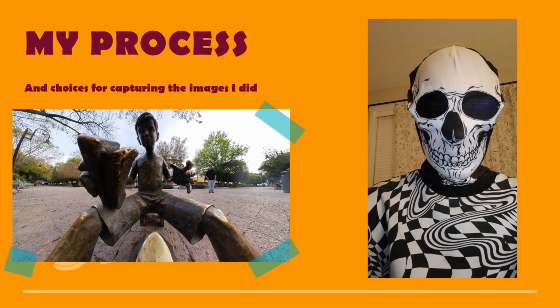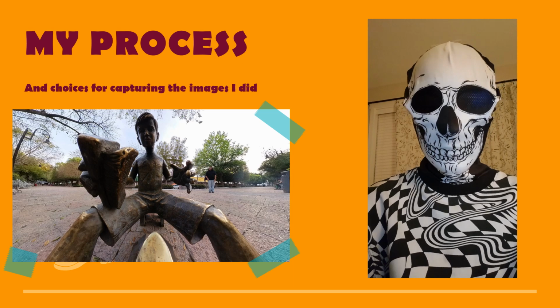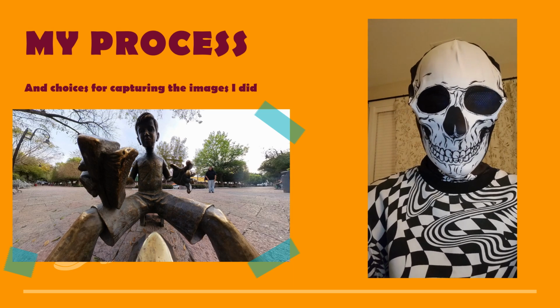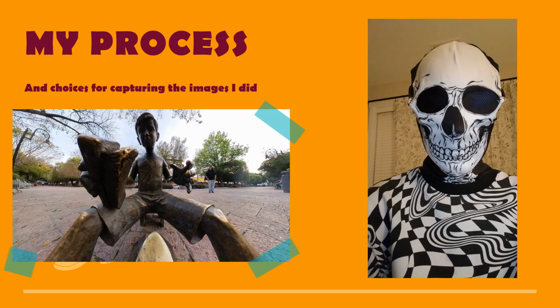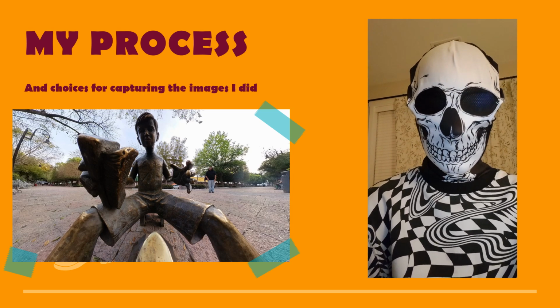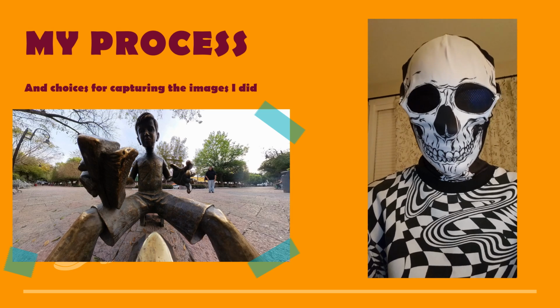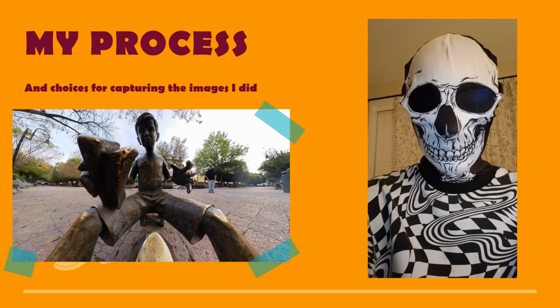The picture I showed in the previous slide, this photo was a product of me experimenting from different angles. This is actually one of my favorite photos that I took since it feels like you're right there in the picture with the way that the shoe polishing boy statue is facing. My process was just about finding some interesting angles in different environments.